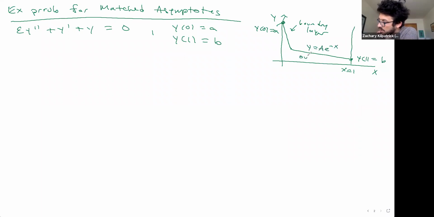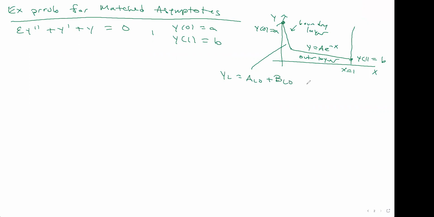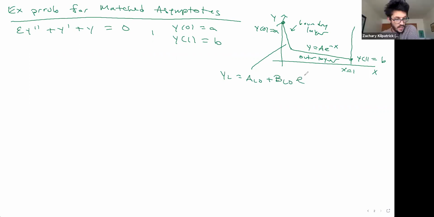Our outer layer solution we found to be of this form, and our inner layer solution, which we matched to that, was of the form YL is equal to AL0 plus BL0 e to the minus x over epsilon.